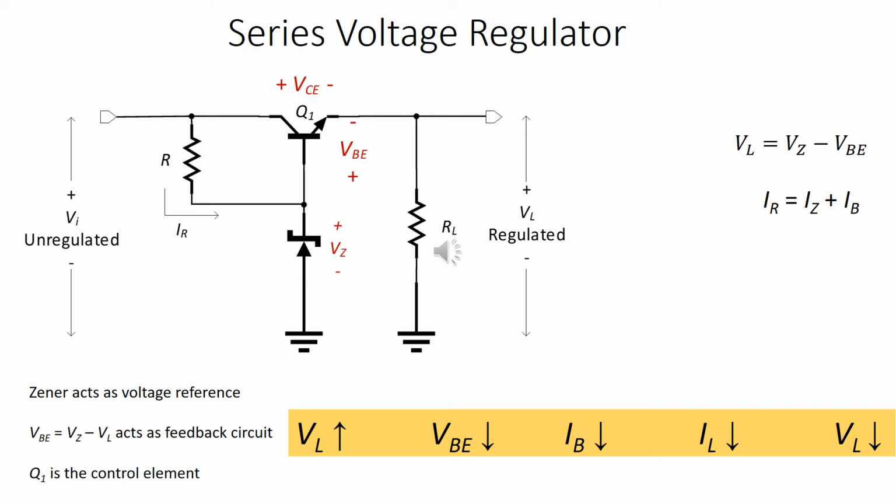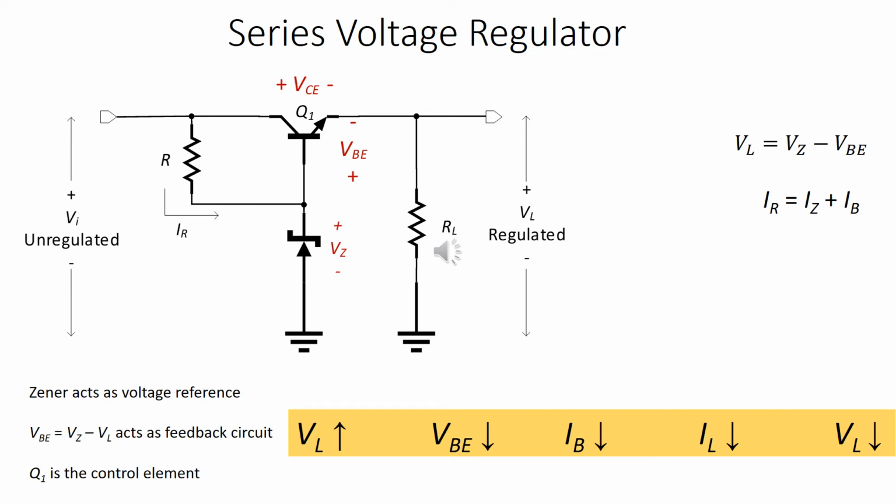Now let's try to find the current through R. One end of the resistor has Vi unregulated. The other end of the resistor has a voltage of VZ. So the current through R, IR, equals Vi unregulated minus VZ divided by R. This IR splits into two currents.